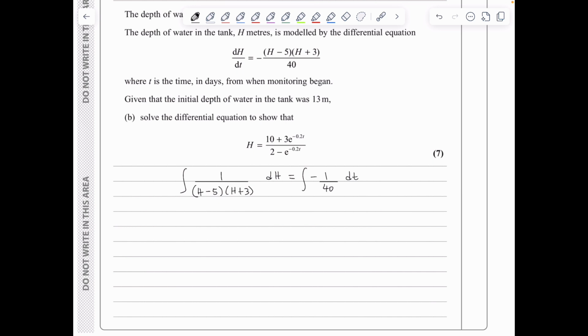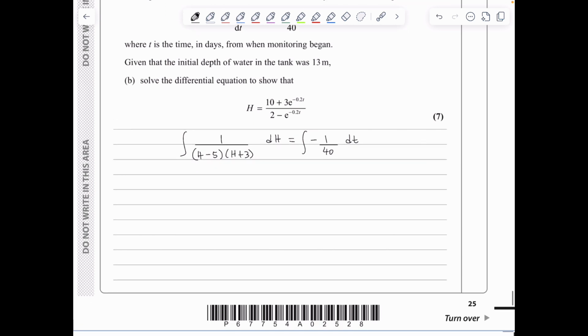Well, I recognize the left-hand side as what I have just decomposed into partial fractions in part A. So we're looking at the integral of 1 over 8 over h minus 5 minus 1 over 8 over h plus 3 dh being equal to the integral of minus 1 over 40 dt.